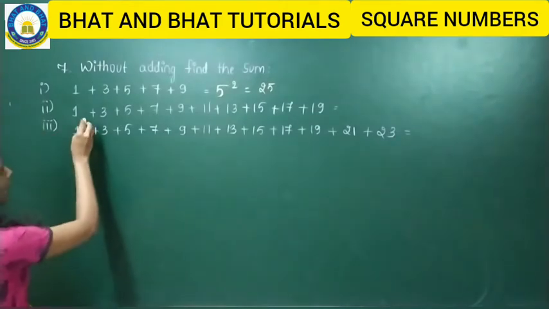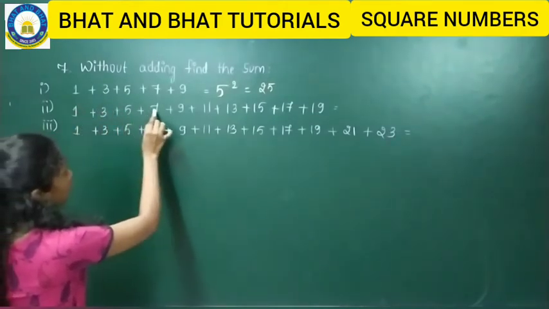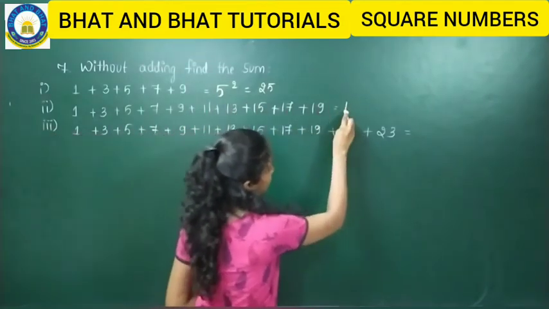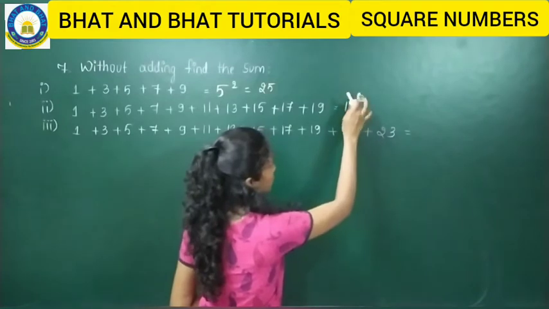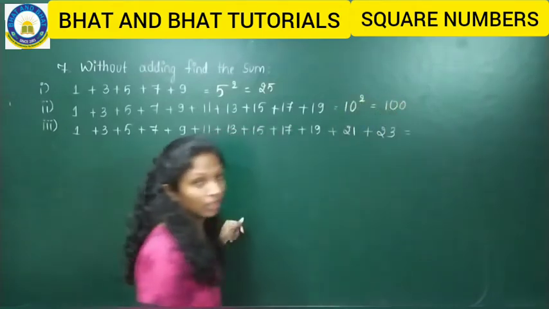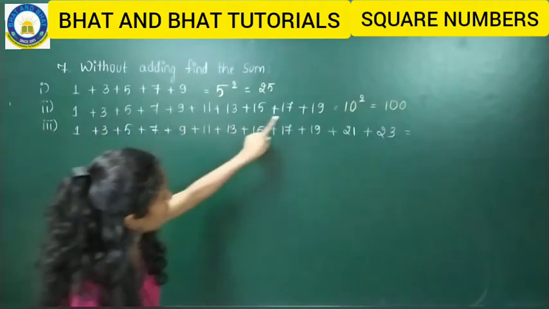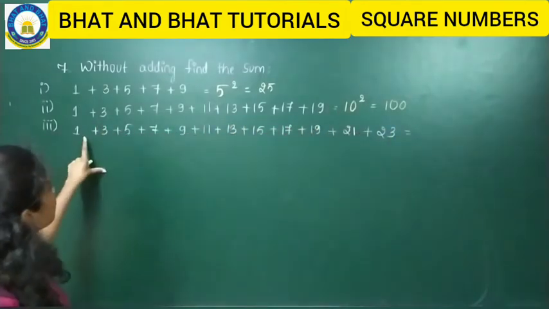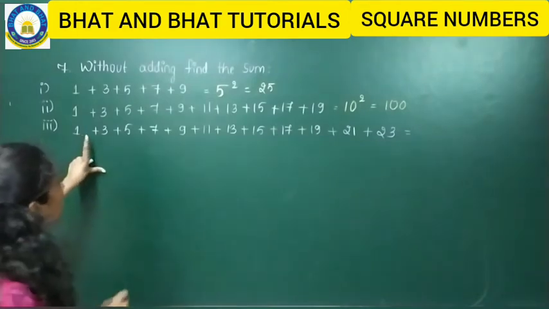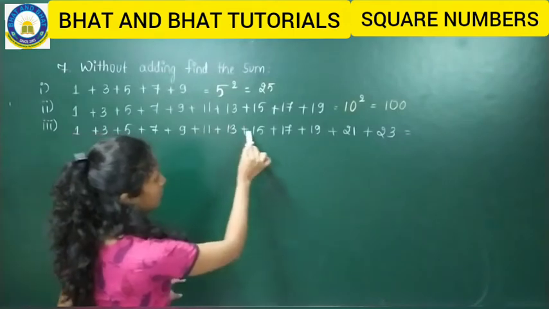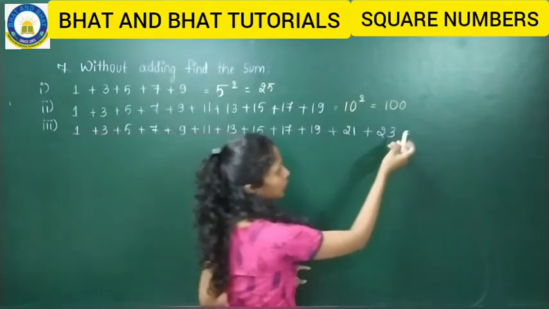In the same way, count 1, 2, 3, 4, 5, 6, 7, 8, 9, 10. That means you take 10 square, which is nothing but 100. If you add all these numbers, you will get 100, that is for sure. In the same way, for the third question, count the numbers 1, 2, 3, 4, 5, 6, 7, 8, 9, 10, 11, 12.